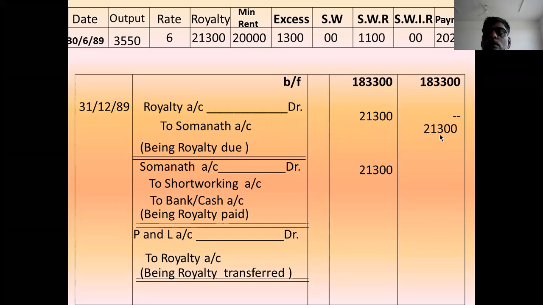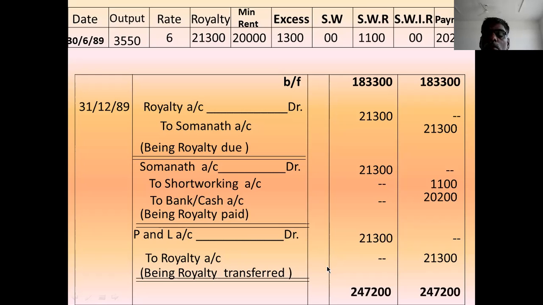This is the total amount, the same comes. Then the 21,300 comes to the second entry. Somnath account debtor, to short working from the SWR column, that is 1,100. Then bank account, payment column. Then P&L account debtor 21,300 to royalty account 21,300. This is taken from the royalty column.